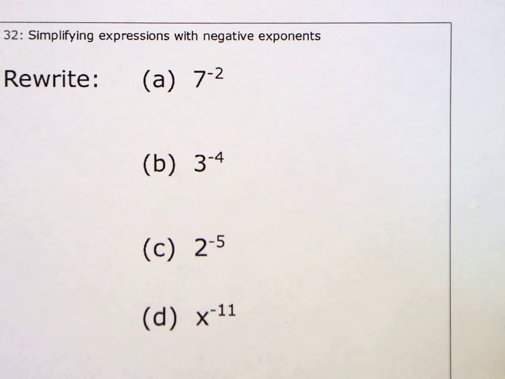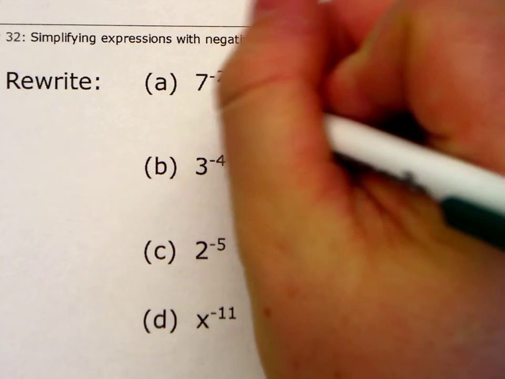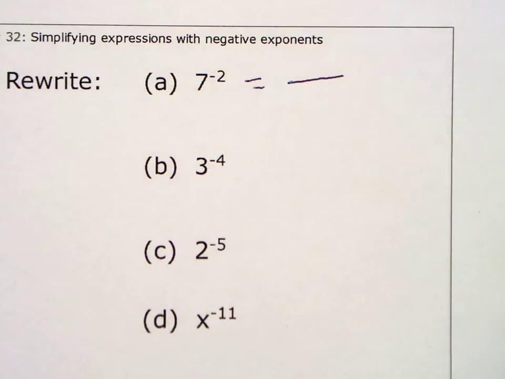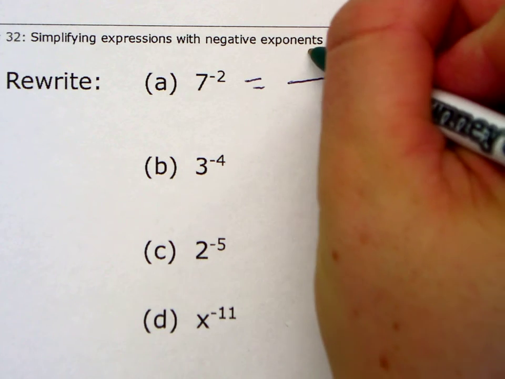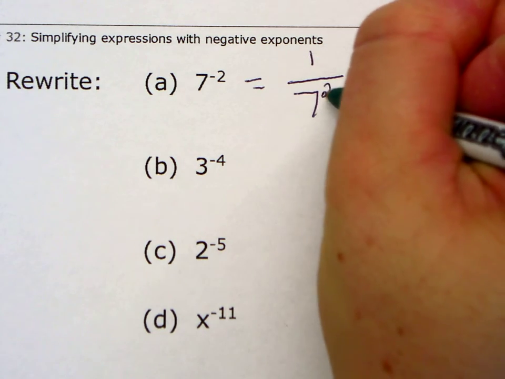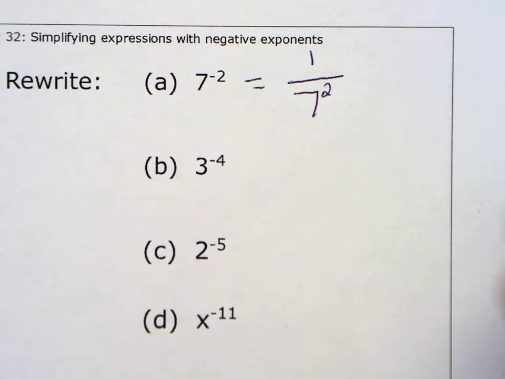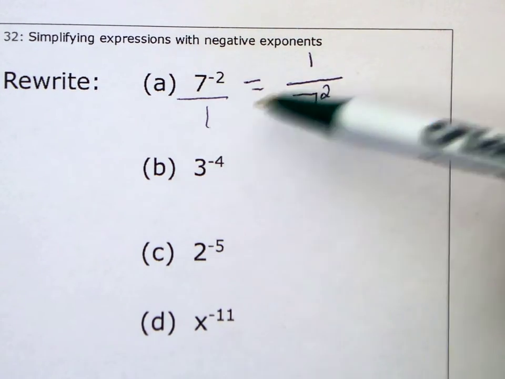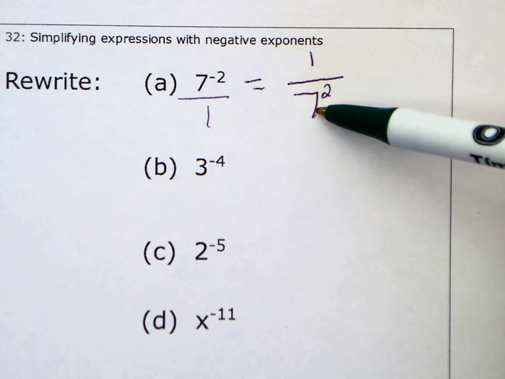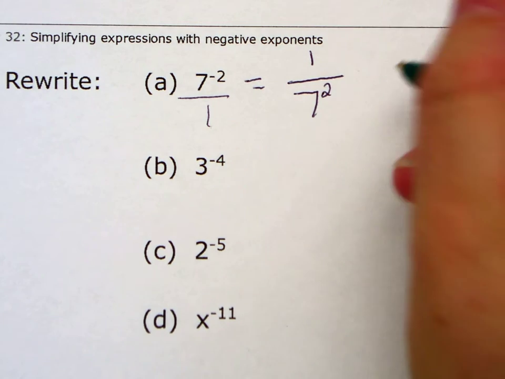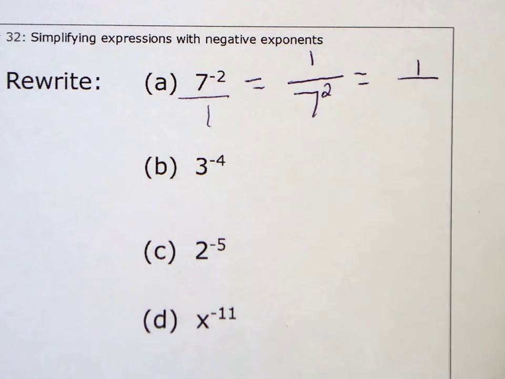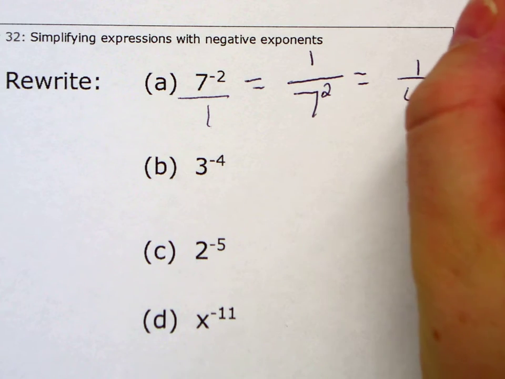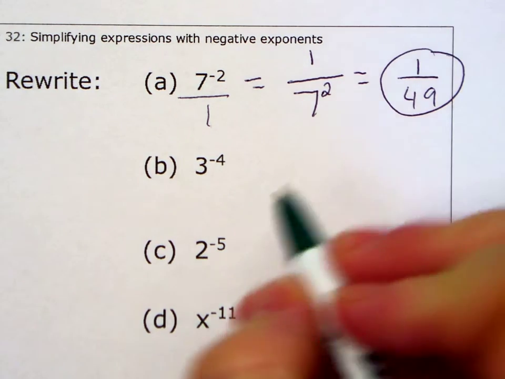So if we have 7 to the negative 2, whenever you see a negative exponent, the first thing you do is make it 1 over. Think of it as cross the line, change the sign. I cross the division sign, the exponent changes sign. Right? Cross the line, change the sign. And then what's 1 over 7 squared? That's 1 over 49.